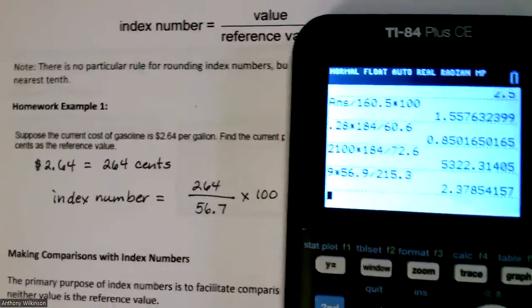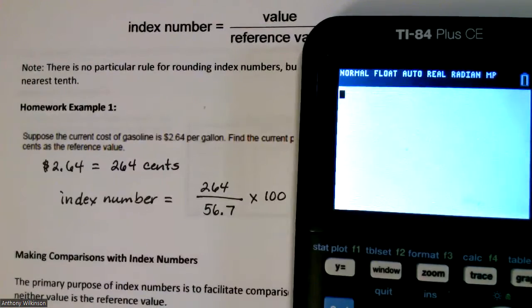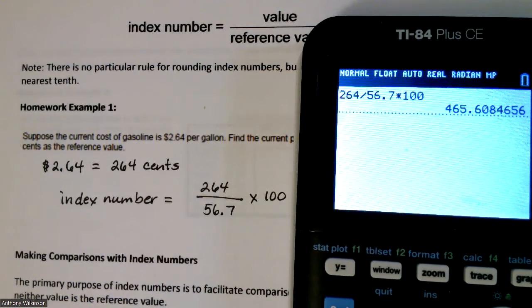In this case here, I'm going to clear this out. Let's see, 264 divided by 56.7 times 100. All right, to one decimal place, this will be 465.6.